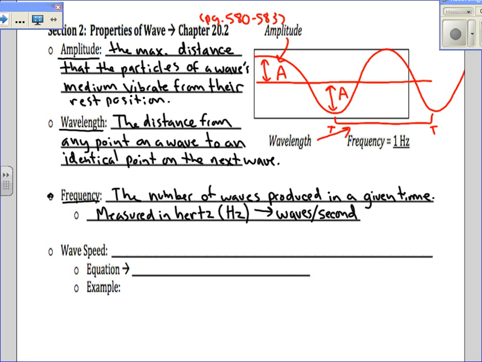Now, I'm going to point out an example of frequency, and we'll do it here. An example of this would be 10 waves in 10 seconds.